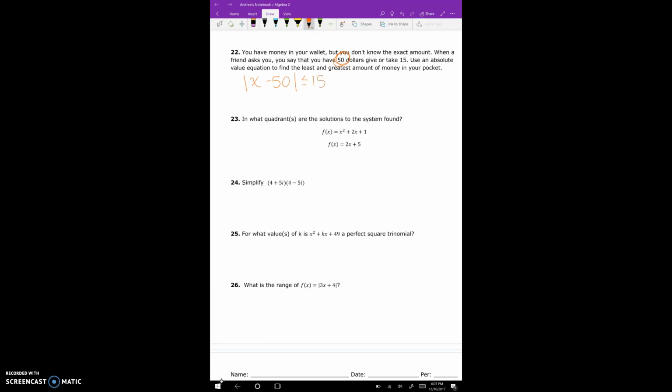That way, if I were to solve this, I would have my positive and negative case, and it would tell me whatever $15 plus 50 is, and then 15 less than $50. So this is how I would set it up. Anything that it varies by, I write it on the outside.